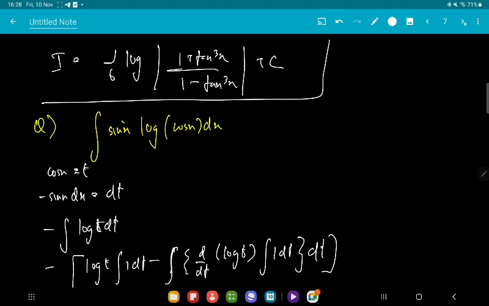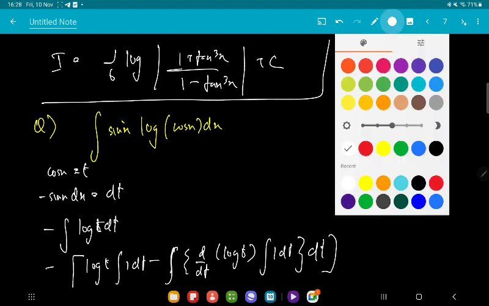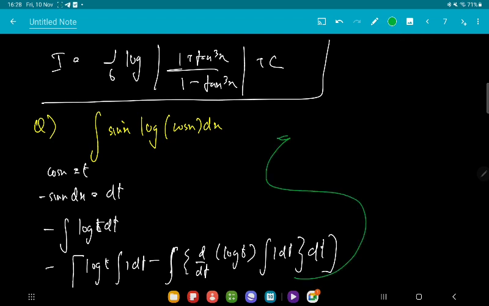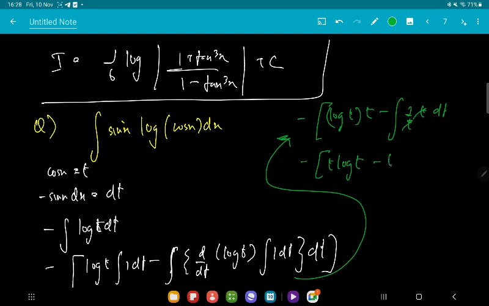So once you solve more and more, I will do the steps over here. Minus integration of 1 upon t times t dt. t and t get cancelled out. t log t minus t.